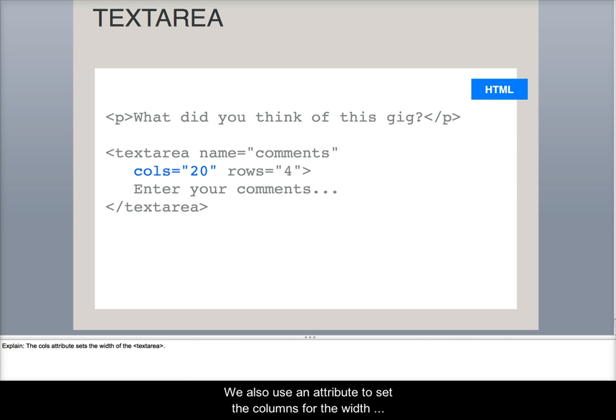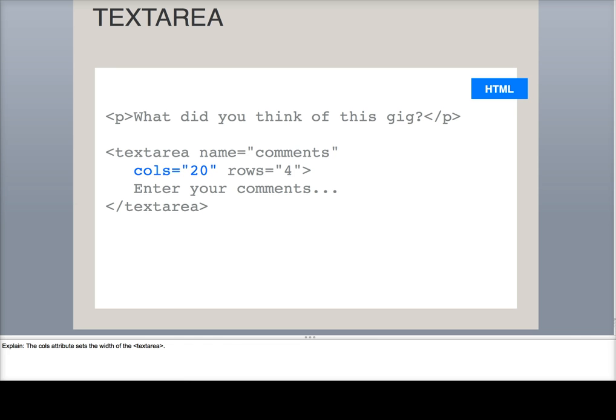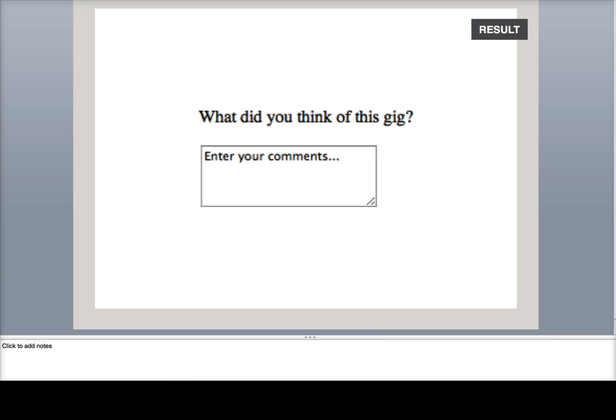We also use an attribute to set the columns for the width of the text area. After that, we use the rows attribute to set the length of the text area, or the height. The text area shows as a larger text box, and in some browsers will show a resize control down in the bottom right.